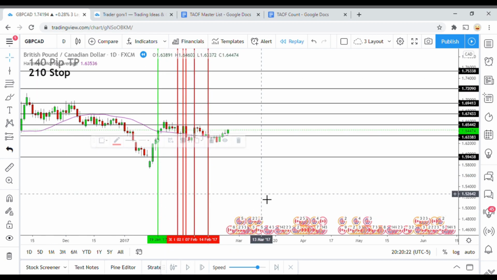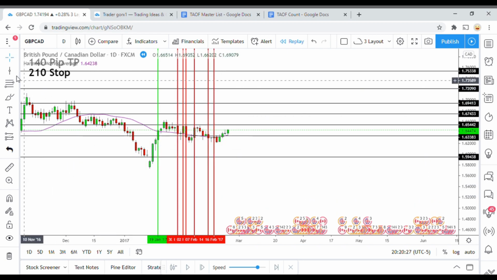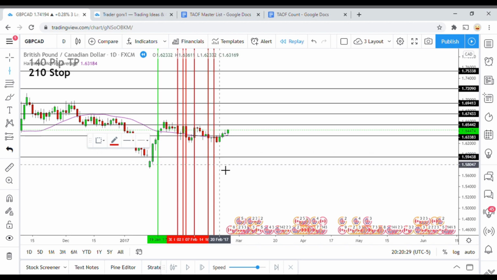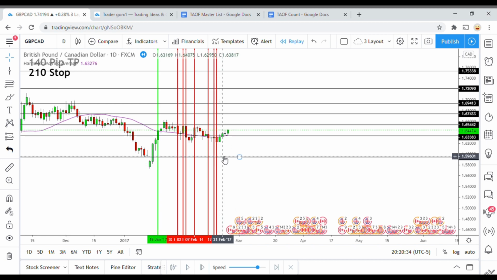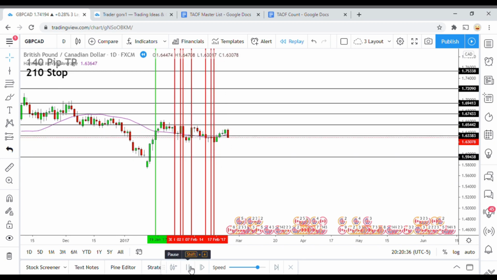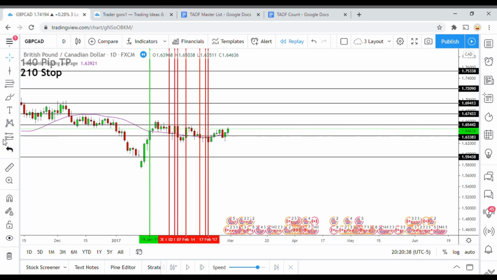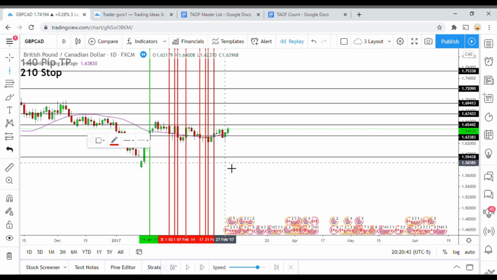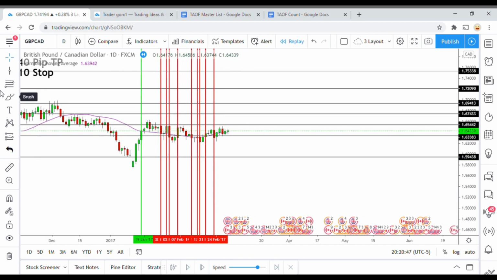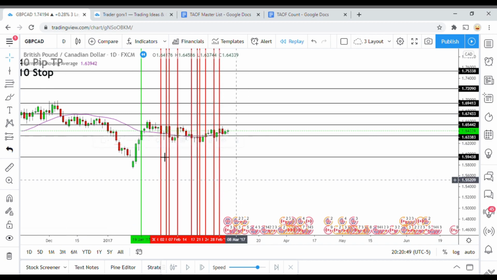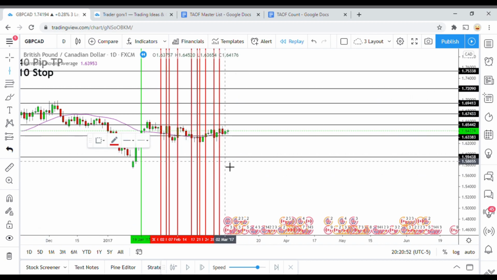Down there, and across up here, down there, down.